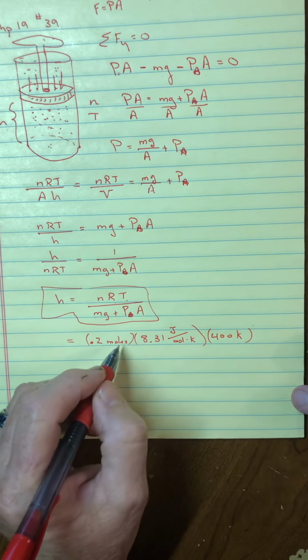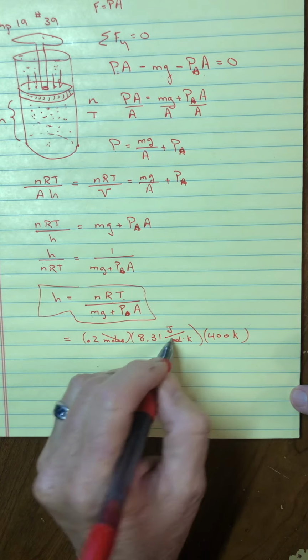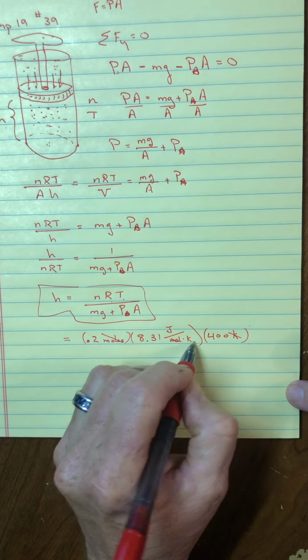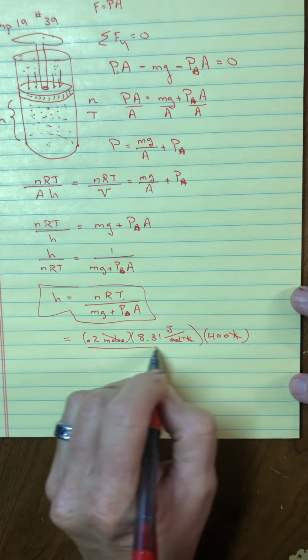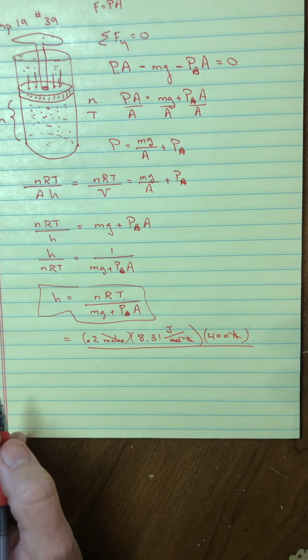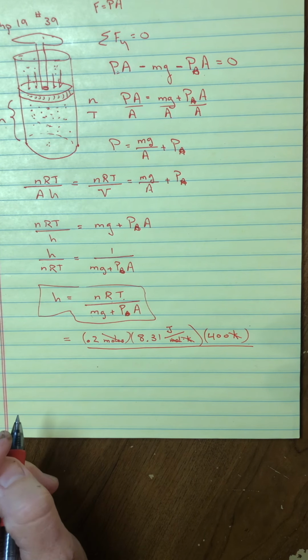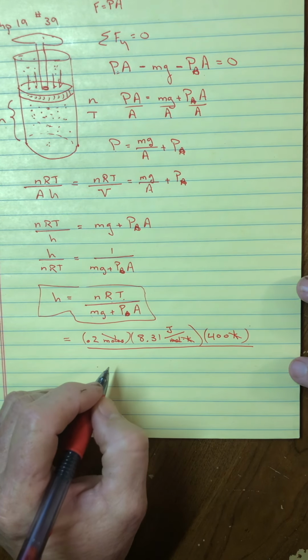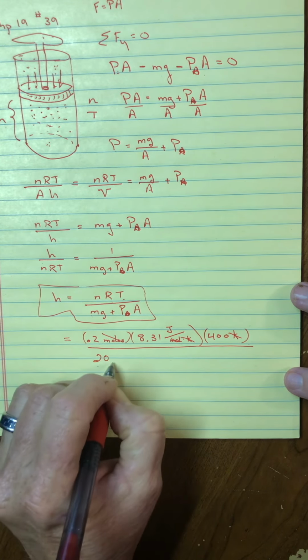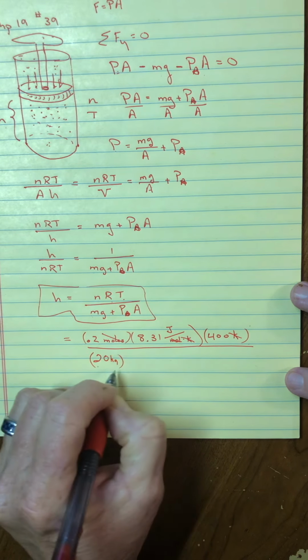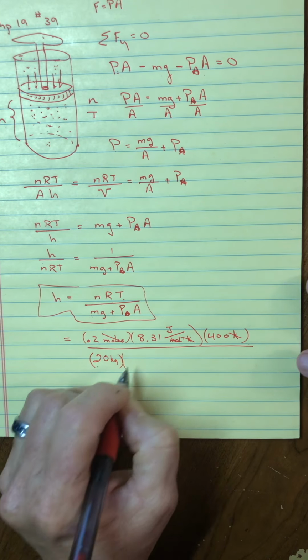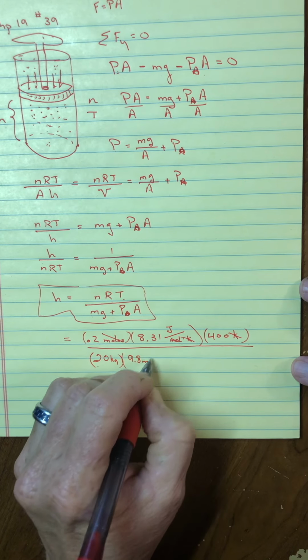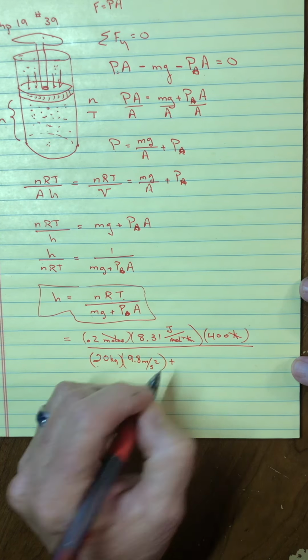And of course, what's nice about that on the top, moles will cancel off and Kelvin will cancel off, and we're just going to have joules on the top. The mass is 20 kilograms. Oh, this is a pretty significant size piston. Times 9.8 meters per second squared.